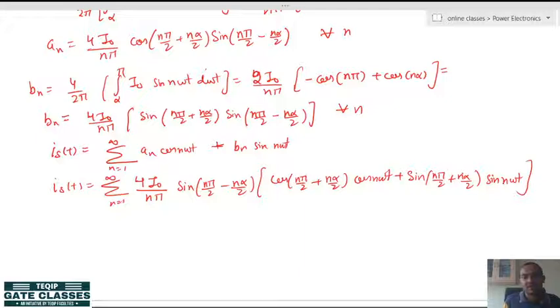Again you can see that this is the formula cos A cos B plus sin A sin B, means cos A minus B.